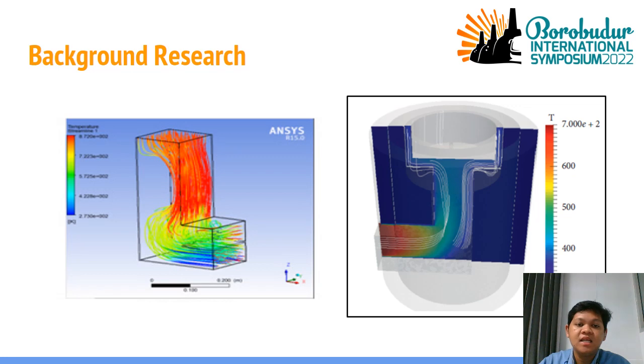CFD analysis is able to carry out simulation and produce predictions of fluid flow and heat transfer that occur inside the stove. With various changing parameters, this allows experiments to be carried out with various parameters to obtain the most optimal wood stove design.